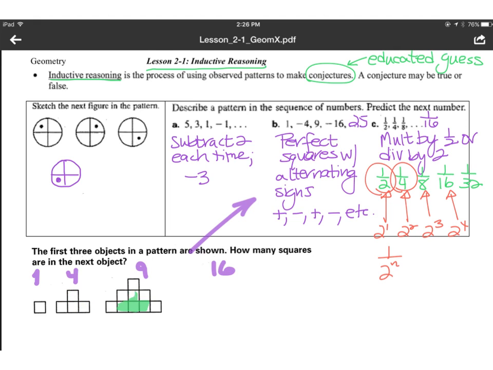So that means in our next one, if we take this whole little guy here and copy it over, and then build around it.